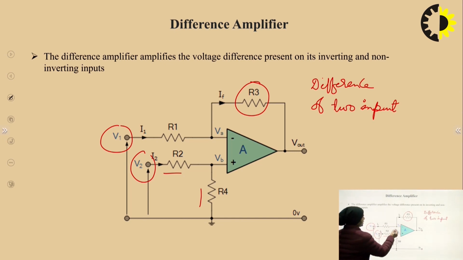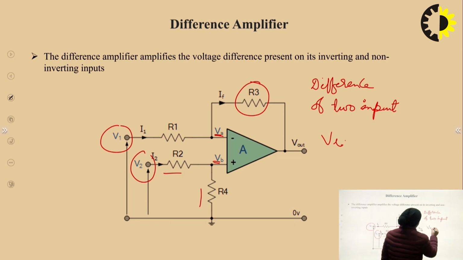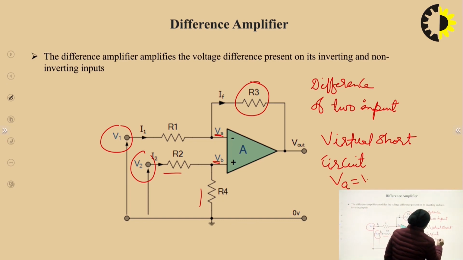We are considering that this is the voltage VA and this is the voltage VB. So by the virtual short circuit concept, which I have discussed earlier in the previous lecture, VA will be equal to VB.